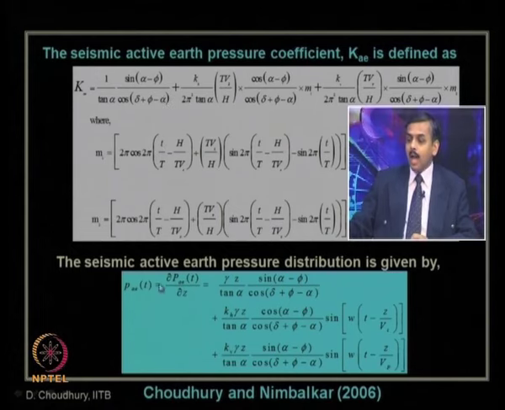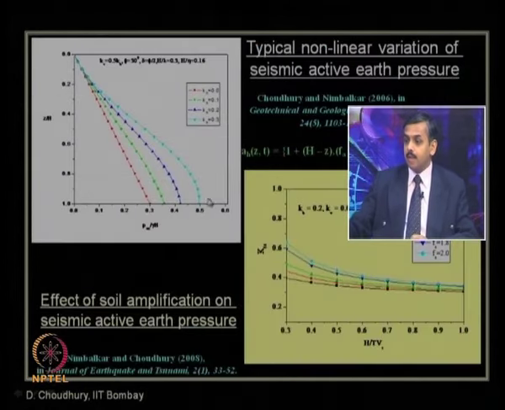And here again we get the advantage of the seismic active earth pressure distribution, its variation with respect to the wall, which gives us the point of application of the total seismic active earth pressure. This is the result you can see over here.